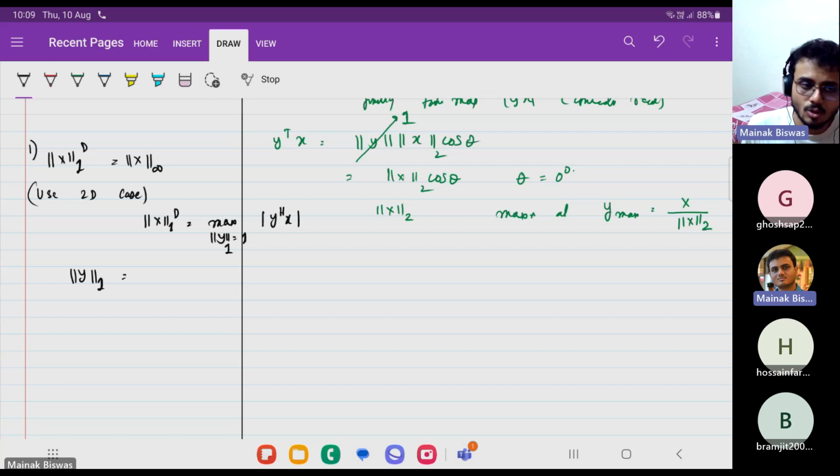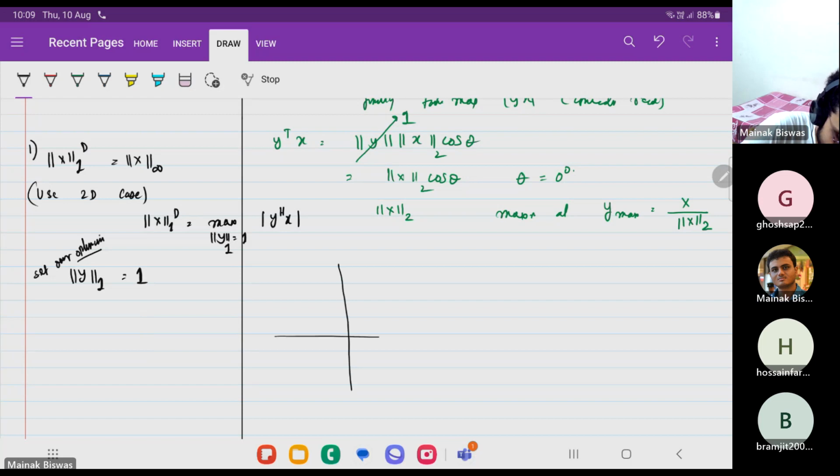So that's why I want you to understand what this set of optimization is. What is the set over which you're optimizing? Do you see that the one norm has to be equal to 1? This is the set over which you're optimizing. So one norm being equal to 1 means what? What norm ball is it? Draw it. I've already discussed.